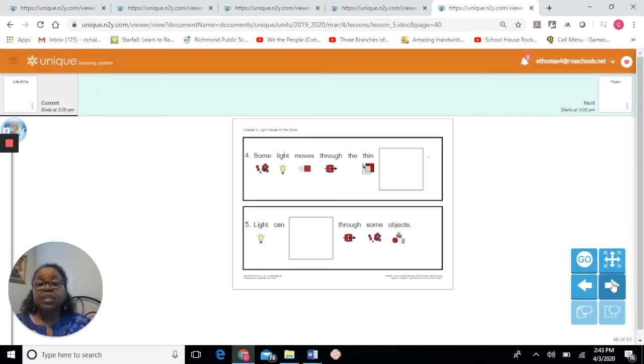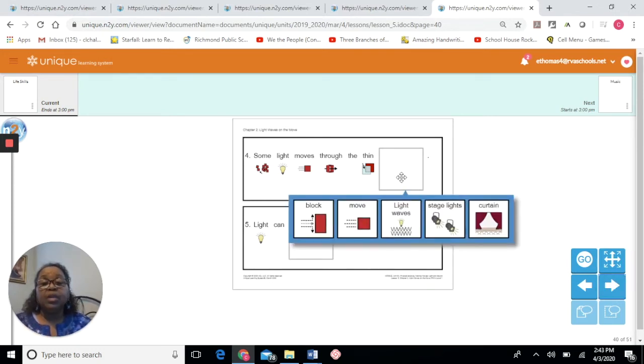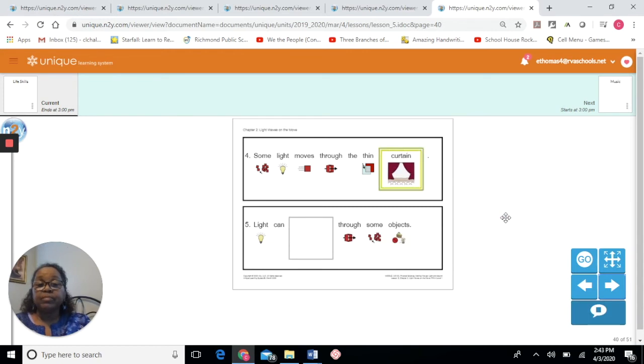Next question. Some light moves through the thin blank in the story. What are our possibilities? Block, move, light waves, stage light, curtains. Let's try curtain. I remember that. Excellent. We got that one right.